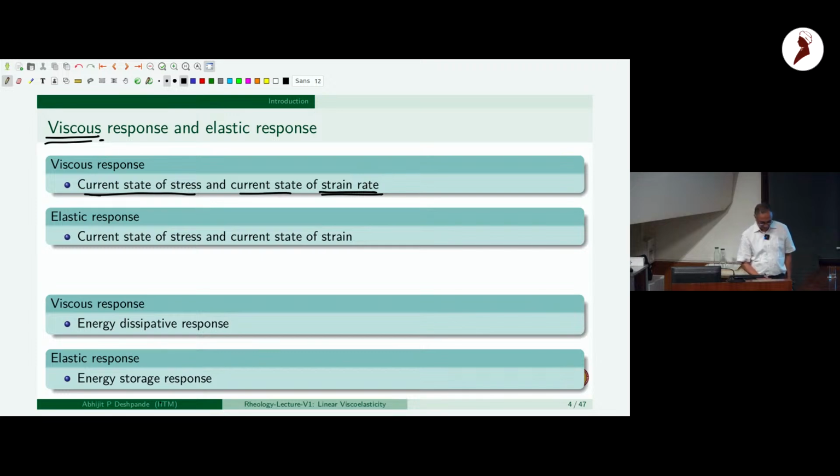On the other hand, for the Hookean solid kind of response, the current state of stress depends on the current state of strain. In this case, strain rate has no influence. It doesn't matter how fast or slow I get to a particular value of deformation. The only thing that matters is the deformation itself.